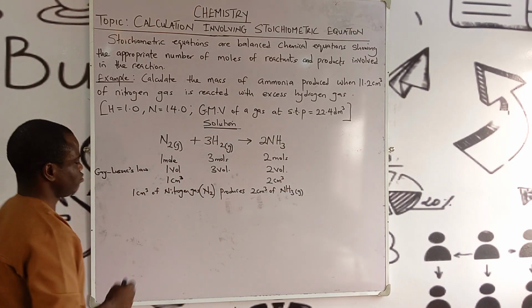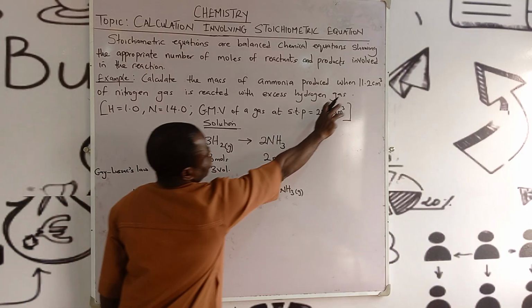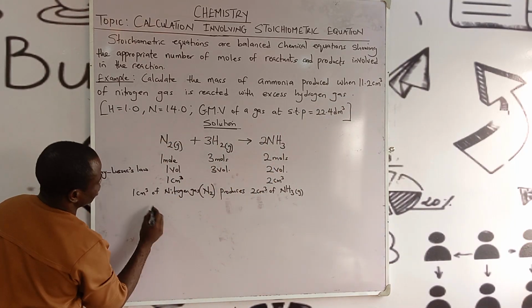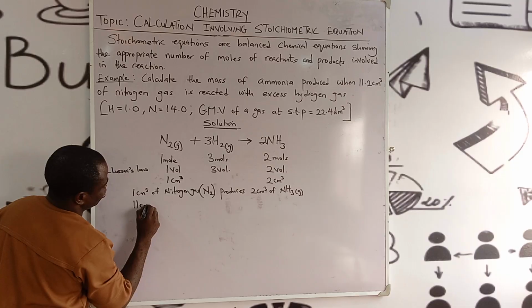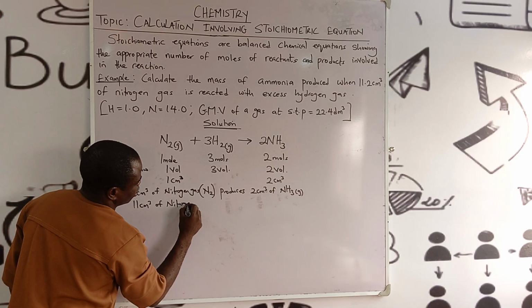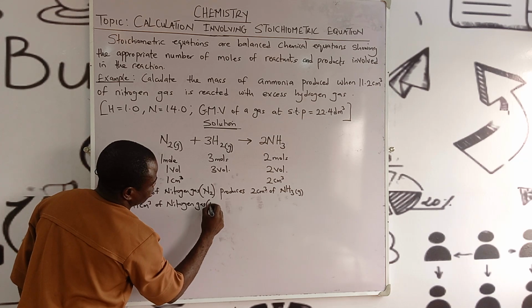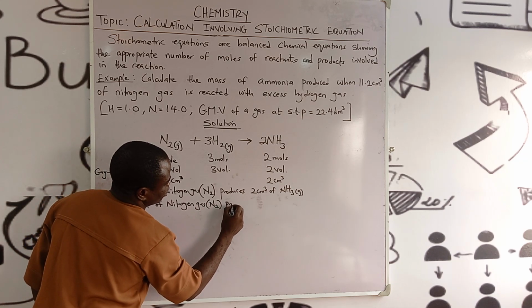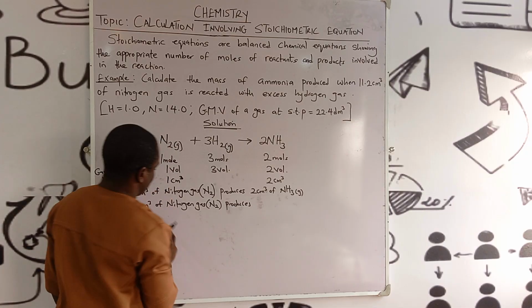Now go to the question: 11.2 cm³ of nitrogen gas produces what?